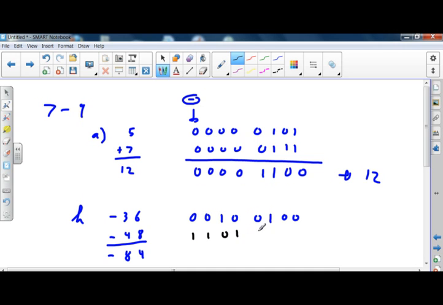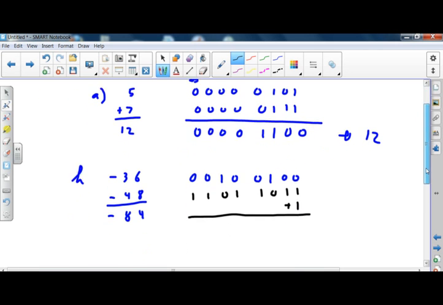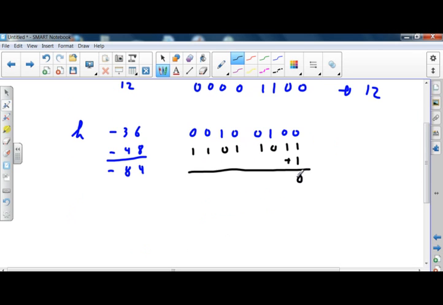All the 1s become 0s, all the 0s become 1s, and then we're going to add 1, and we're going to get 0, 1 to carry, 0, 1 to carry, 1, 1, 1, 0, 1, 1. So this is minus 36.